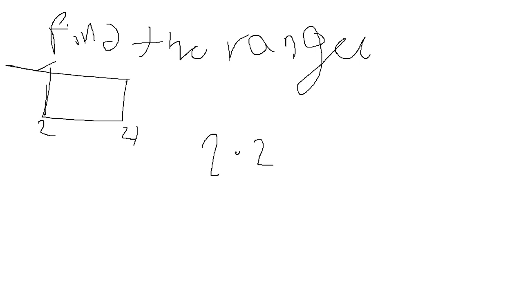So, just find the range. Find the range, which means you just increase your... If you can't find it within a small location, then just increment it by 2. So you can do something like this: 2 times equals 2.